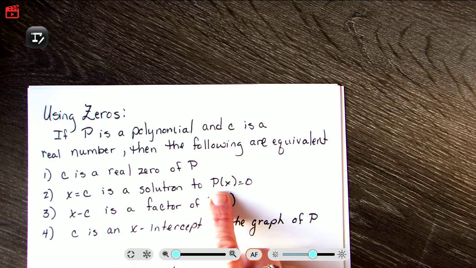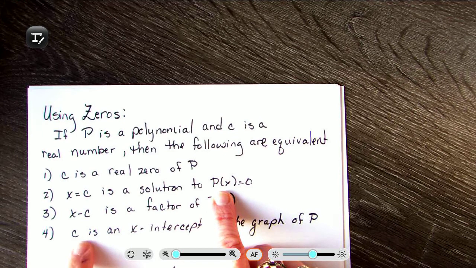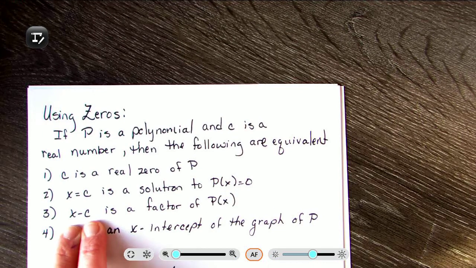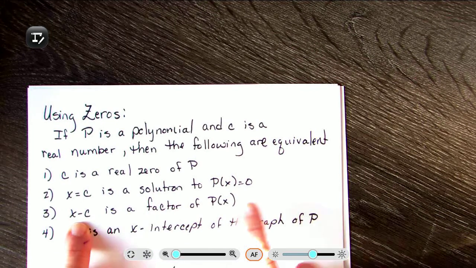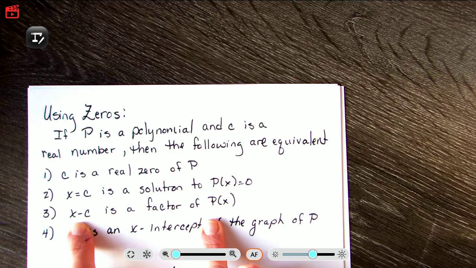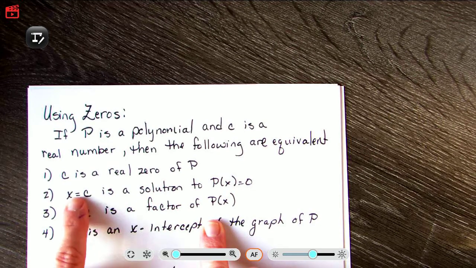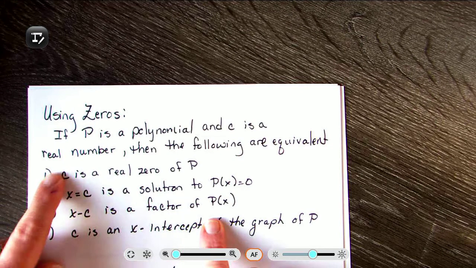When we have polynomials, how we find solutions, a lot of times thinking of our quadratics. They are one specific polynomial. We try to factor them. And if we have x minus c as a factor, we'd set it equal to 0. X equals c would be that solution. So these all say the same thing. We have a factor, we have a solution, it's called a zero.